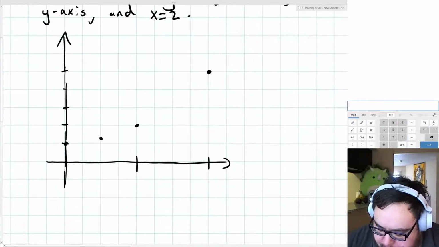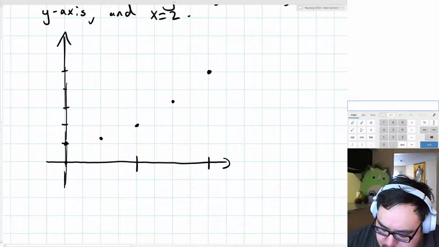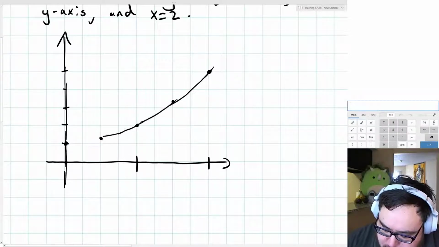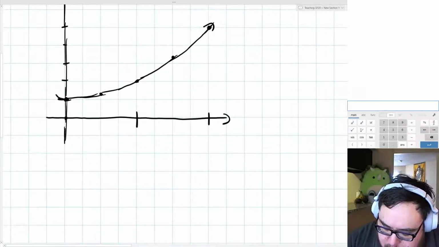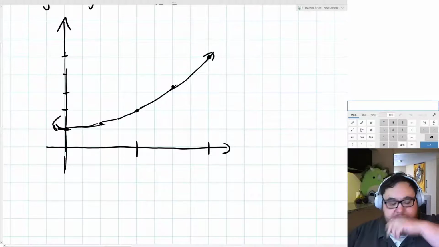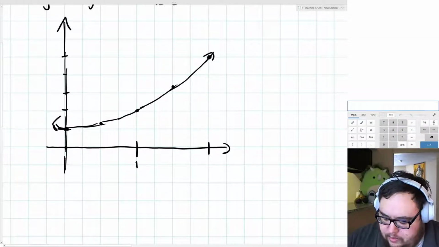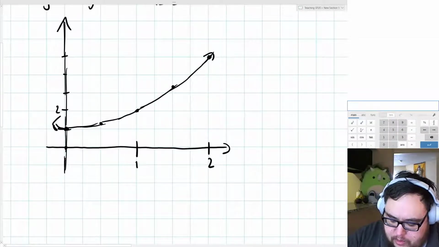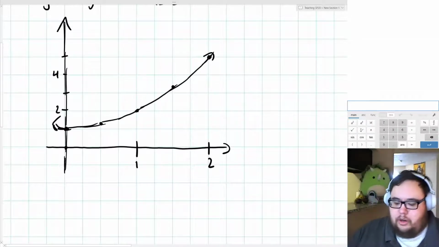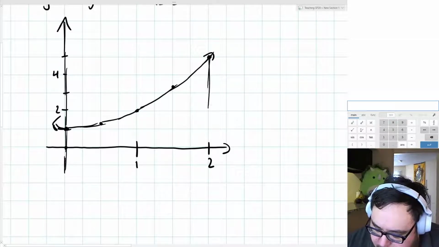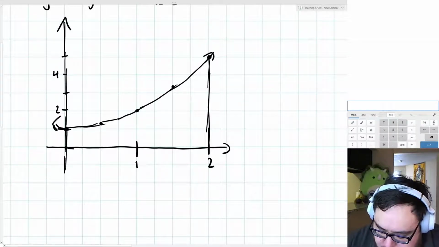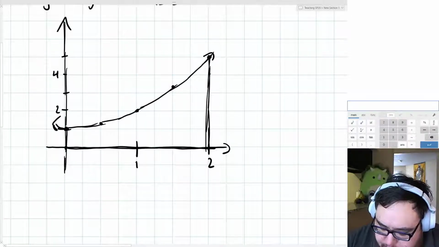It looks something like this. So what we're trying to do is find the area of this region in here.